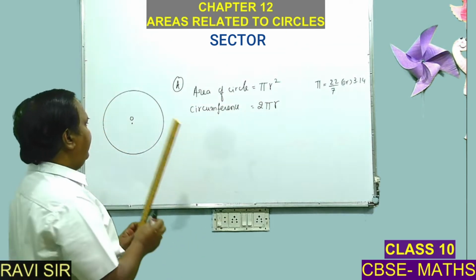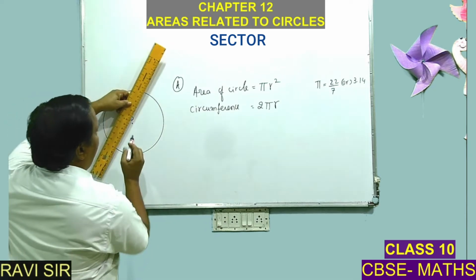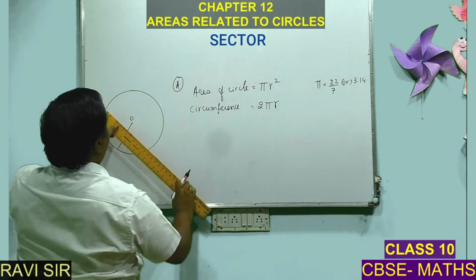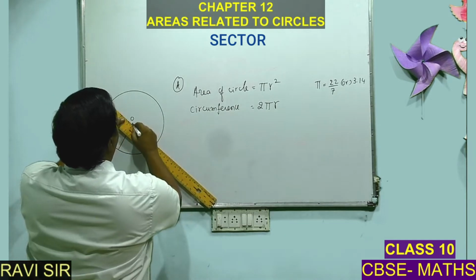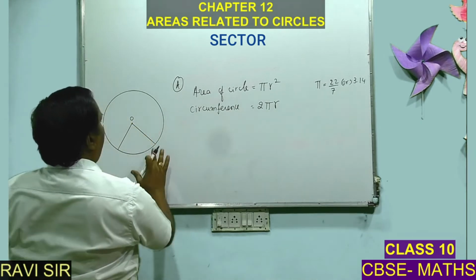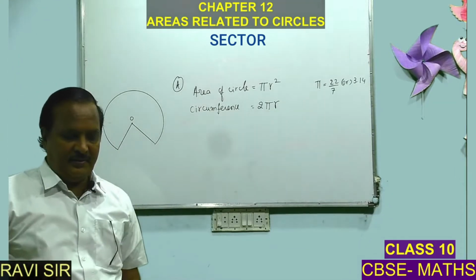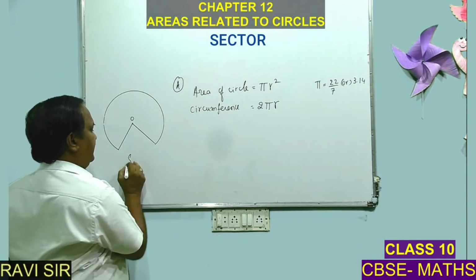What else we have? Suppose this is the scale. I am drawing a radius. I am drawing a radius here also, and then I rub this. So then what happened? You are getting a sector here.